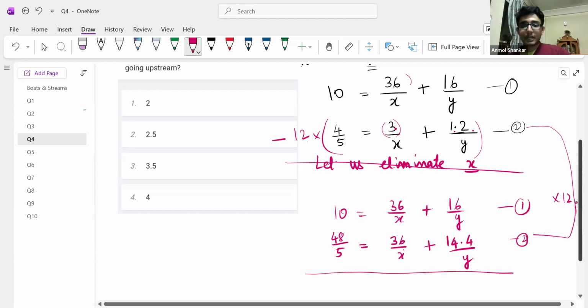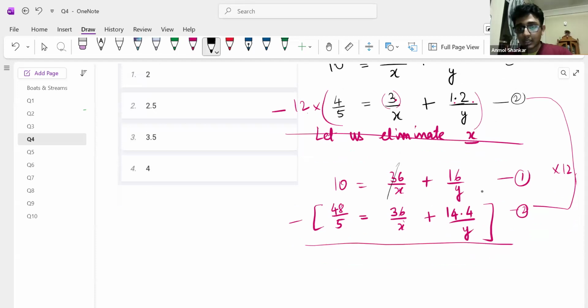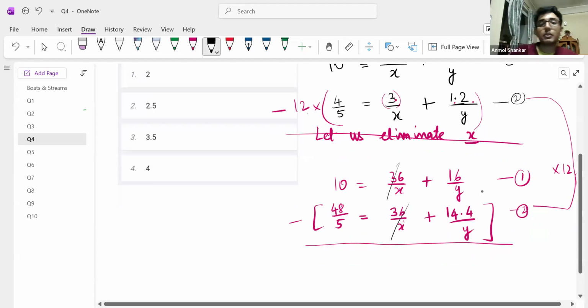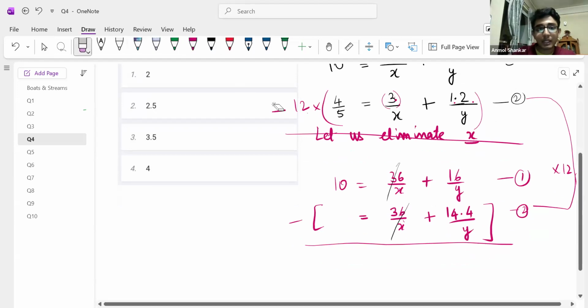Now we subtract, so the 36 by x cancels and we are left with only y. Let me convert to decimal: 48 by 5 is nothing but 9.6. So what is 10 minus 9.6?